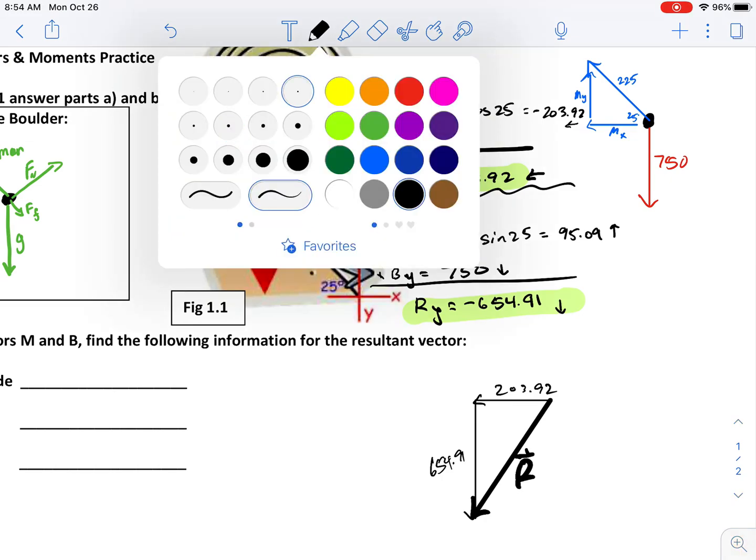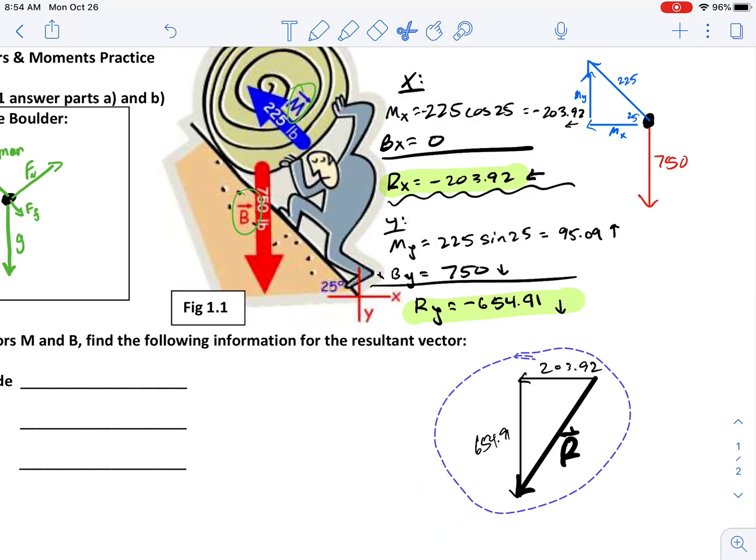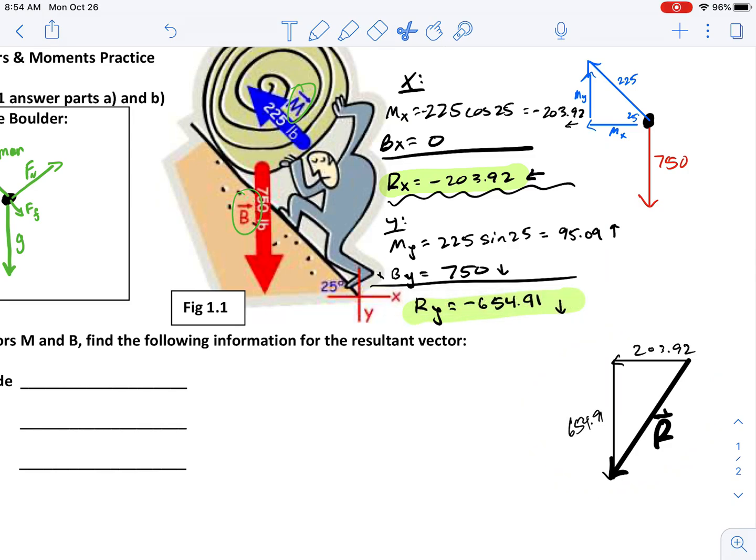Okay. And so let's go ahead and do the calculations for that vector. Let's find out what size and what amount is that vector. So if we want the magnitude of that vector, one thing that we'll do is just use the Pythagorean theorem. So r squared equals 203.92 squared plus 654.91 squared.